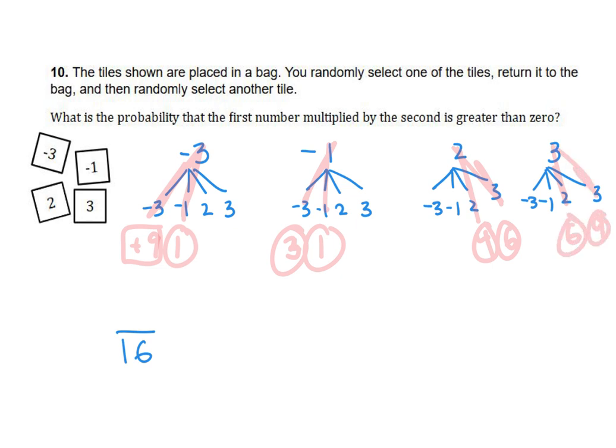So those are the possible outcomes that would be favorable or that would result in a number greater than 0. So we've got 2, 4, 6, 8. 8 out of 16. That is 1/2. That's 0.5 or 50%. So it's equally likely that when you multiply the two tiles together, you would get a number greater than 0 compared to less than 0.